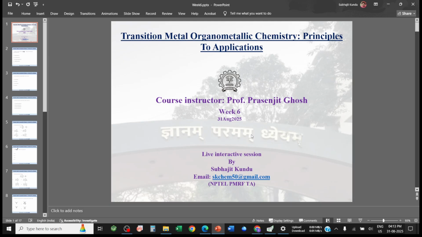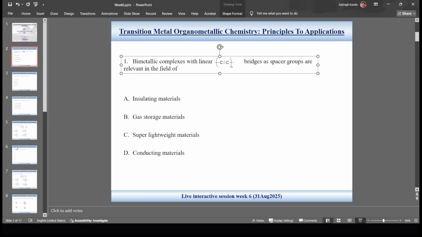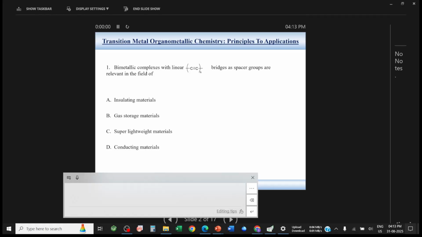Within that context, our first question is: the bimetallic complexes with linear C triple bond C bridges as spacer groups are relevant in the field of.